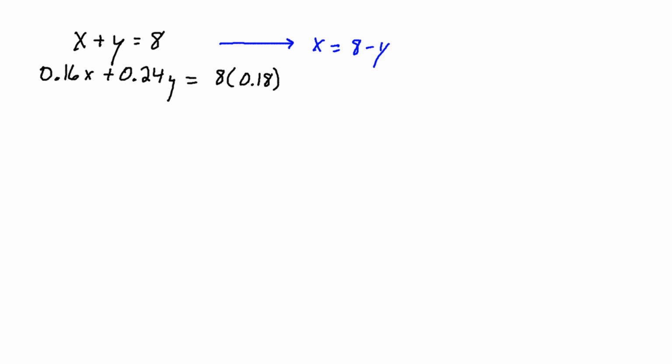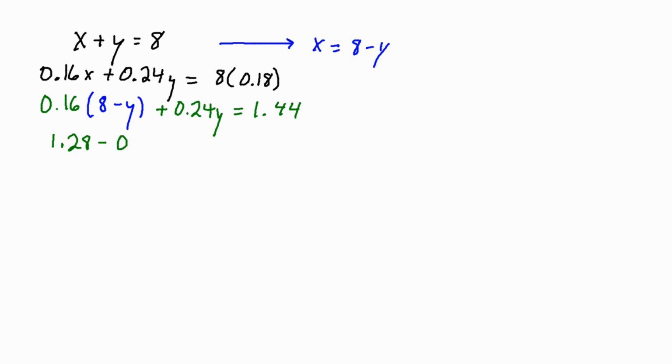Substituting that into our second equation, 0.16 times x, which is now 8 minus y, plus 0.24y equals 8 times 0.18, which equals 1.44. Distributing, 0.16 times 8 is 1.28, minus 0.16 times y is 0.16y, plus 0.24y equals 1.44.